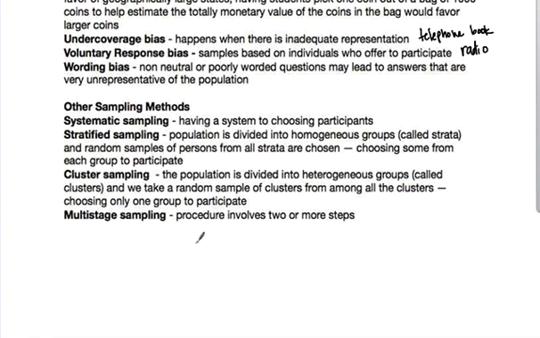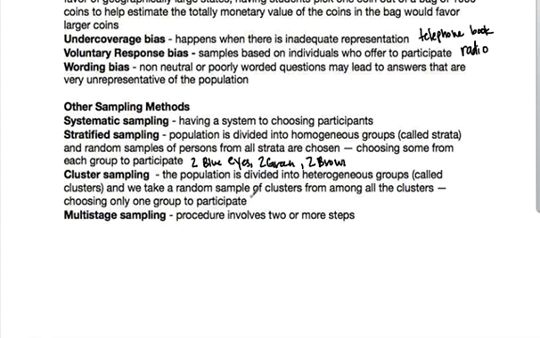So if you think about it, we did this in class forever ago, we divided our class into people based on their eye color. In a stratified sample, that would be taking 2 blue eyes, 2 green eyes, 2 brown eyes.